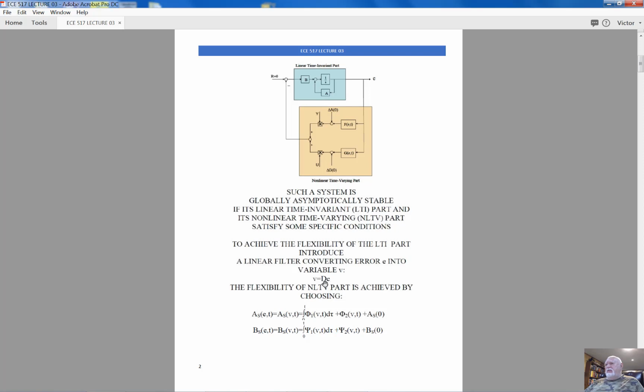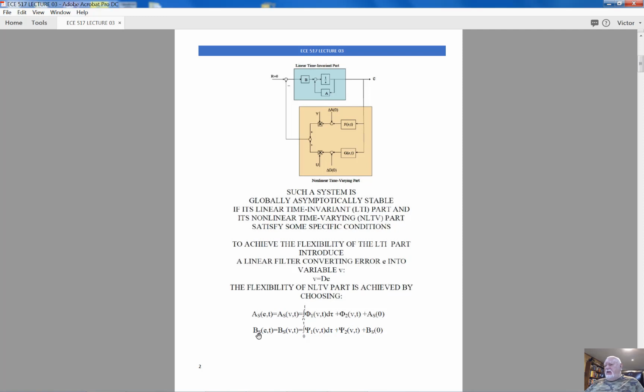We have to introduce a special filter G. We have to insert right here a special filter G that would convert error into an intermediate variable V. This is easy. And if we introduce this filter G, the linear part will continue to be linear. The nonlinear part, for this flexibility, should be defined by an integral plus proportional plus initial condition expression.